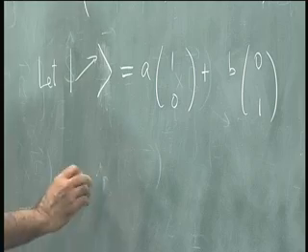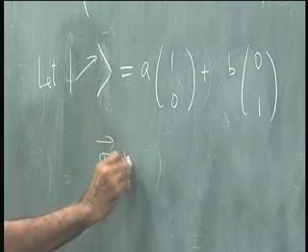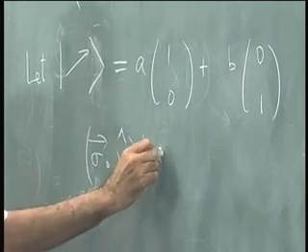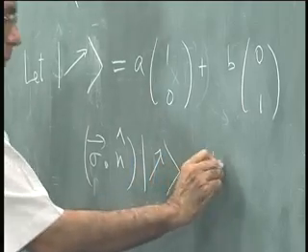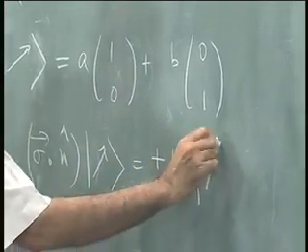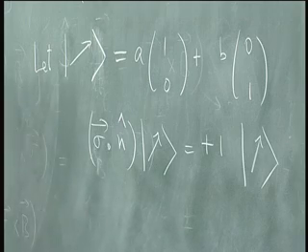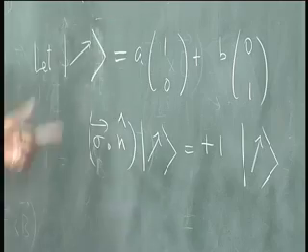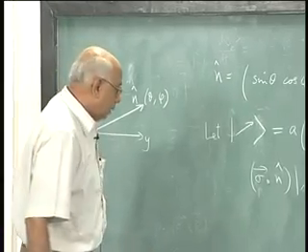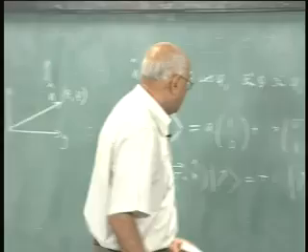I know that sigma dot n on this state must be equal to plus 1 times the same state. I require it to be an eigenstate of plus half h cross. When I multiply sigma by h cross over 2, I get S dot n, and the eigenvalue is plus half h cross. That is why I put a plus 1 there. So we require this, and we have to solve this eigenvalue equation. That is all we have to do.